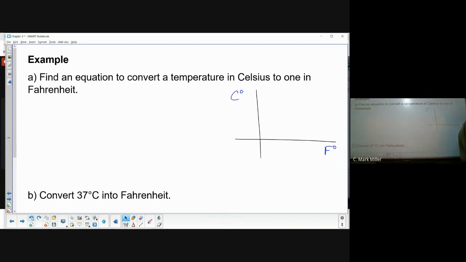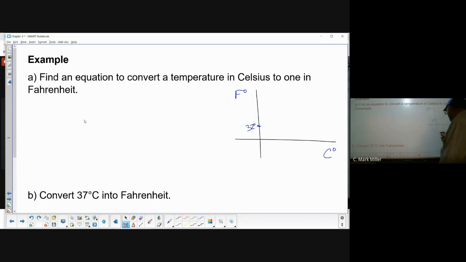You can keep doing it this way if you want to. But you want Fahrenheit to be your vertical. You could have gotten it the other way. So 0 Celsius is 32 Fahrenheit.